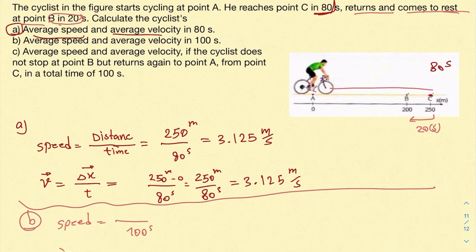But in this time, what is the distance? Distance at B is 250 to the right and then 50 to the left. So the distance is 300 meters.